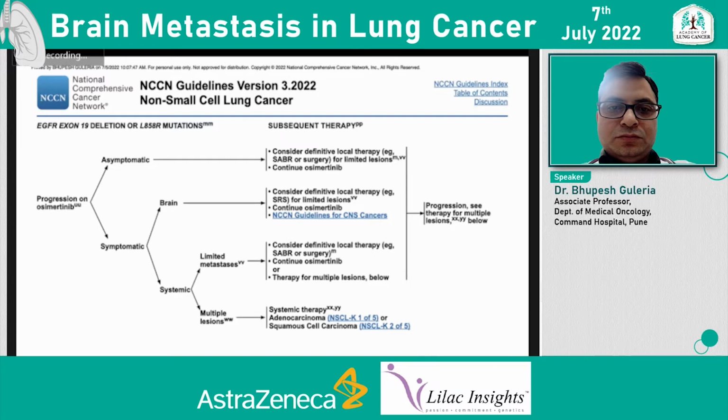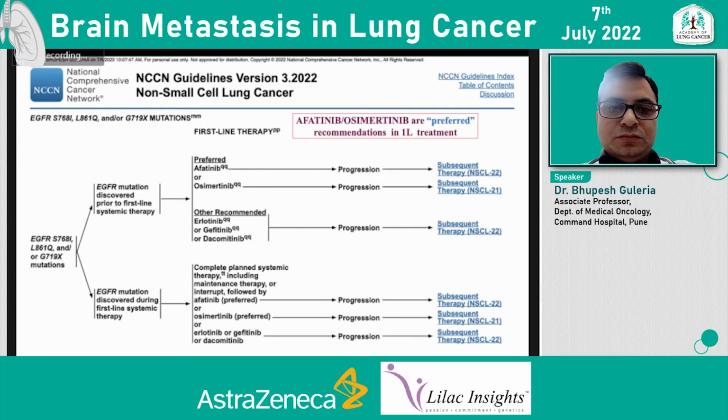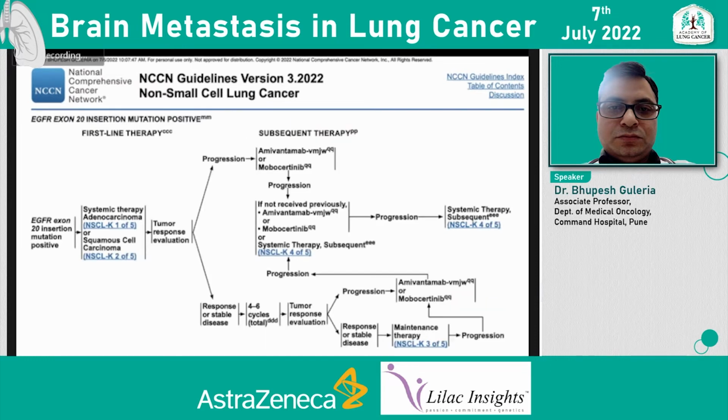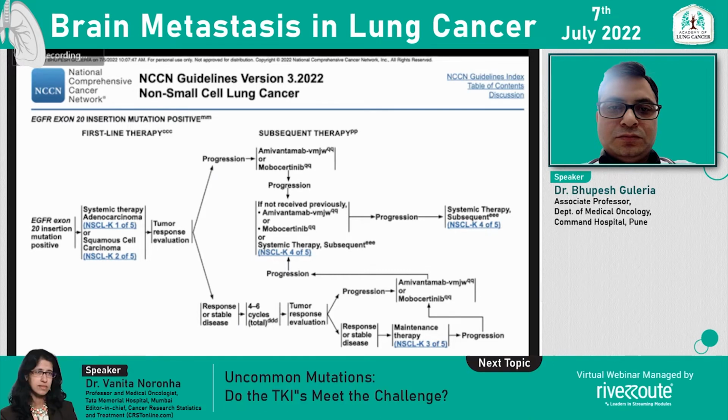In symptomatic brain metastasis with limited lesions that can be tackled with local therapy, we can still go ahead with osimertinib. Otherwise, we have systemic therapy options, which depend on the histomorphology. For rarer mutations, we have afatinib and osimertinib as treatment options, and for exon 20 insertion, we have amivantamab, poziotinib, and mobocertinib as treatment options when the disease progresses on systemic therapy.